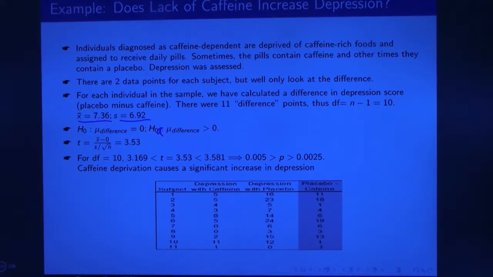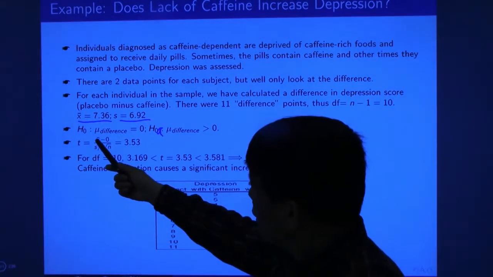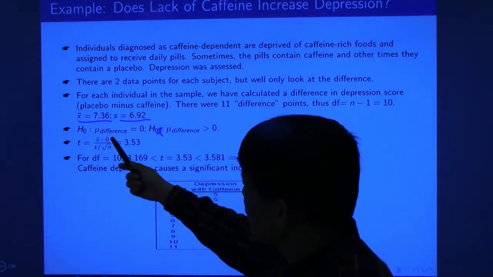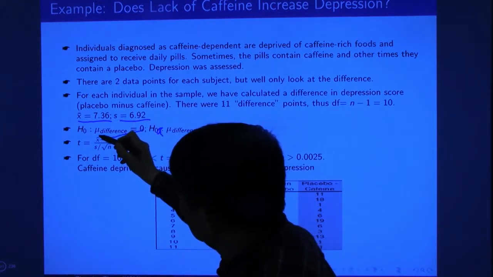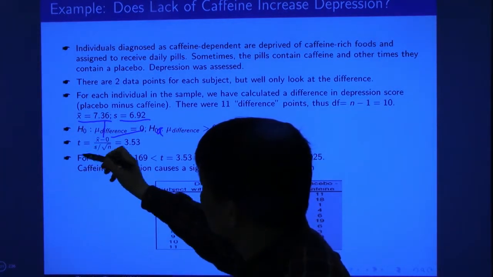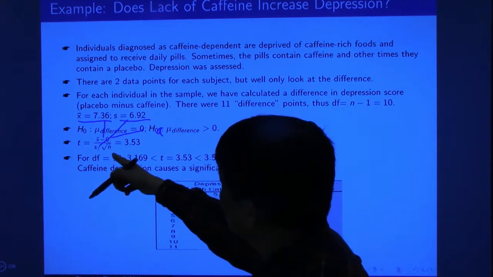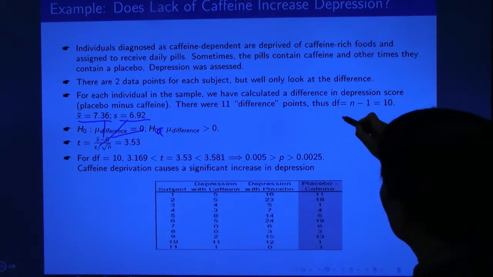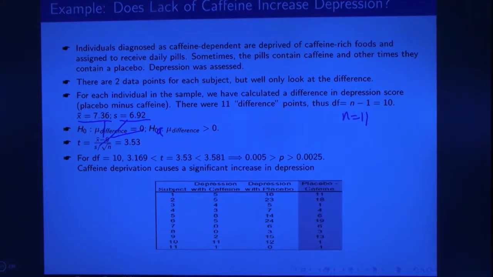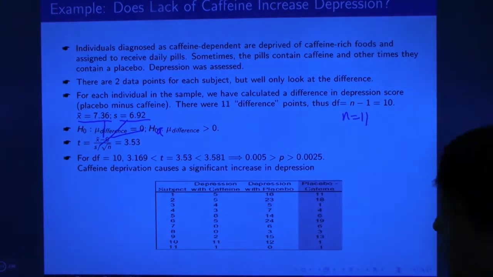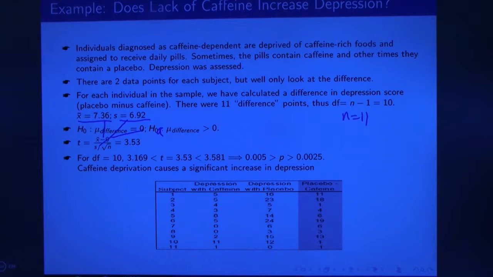As we know, this is a t-test, so we calculate the t value. The t is defined by x bar minus mu 0, which equals 0 here, divided by s over the square root of n. So x bar is this, s is here, and n is 11. Plugging in the numbers, we calculate t equal to 3.53.